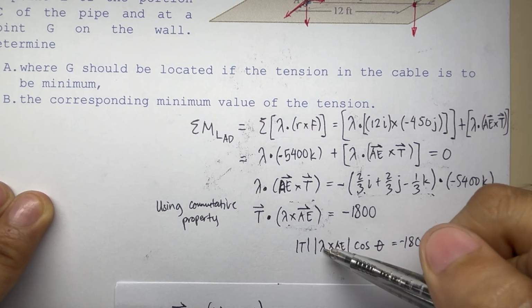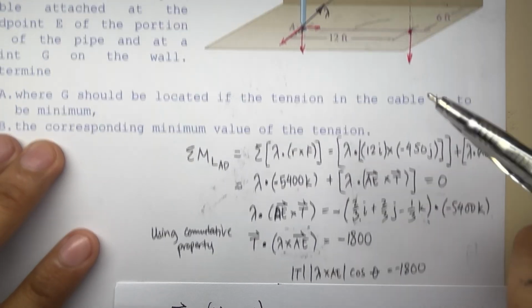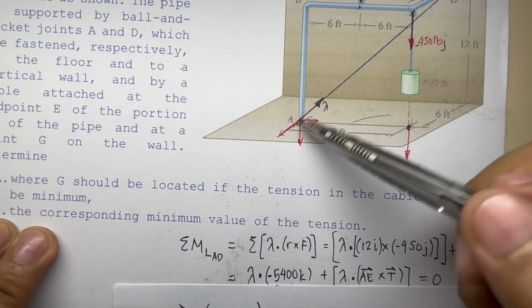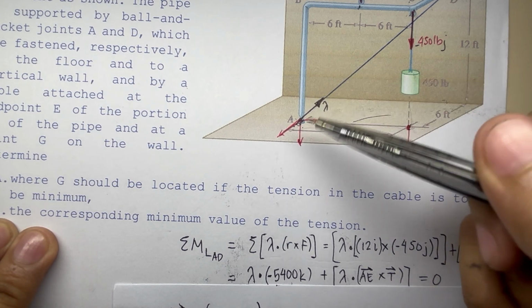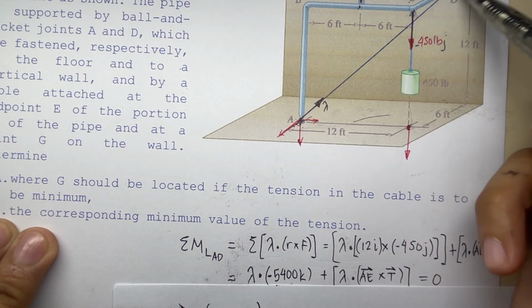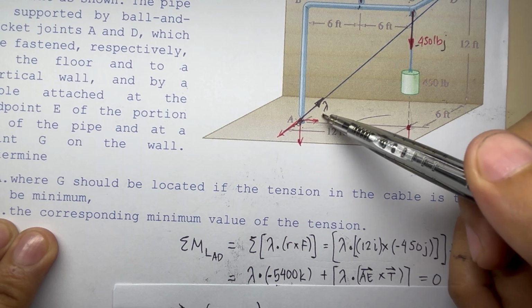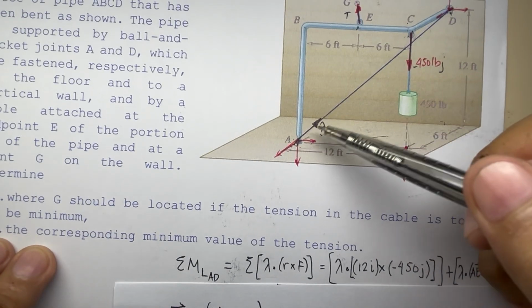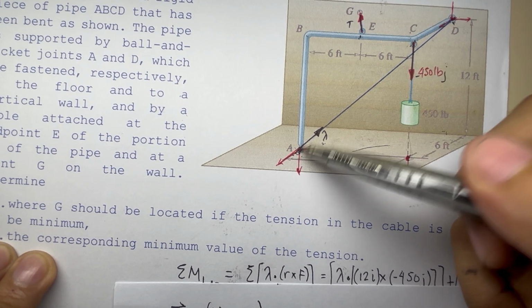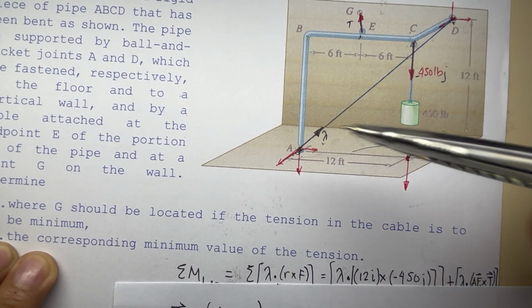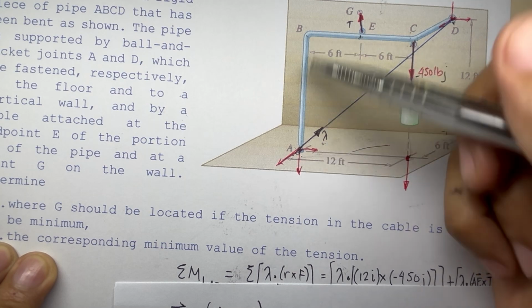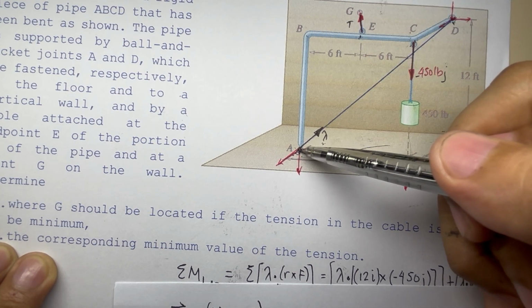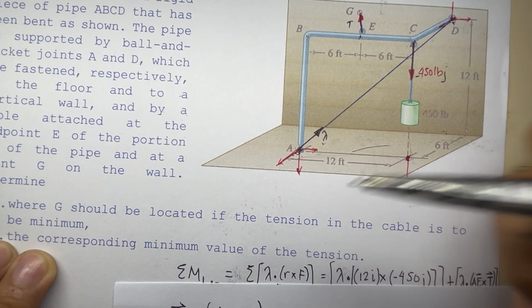Now, this lambda is just the unit vector along this line. So if we don't change point A and point D, this lambda can never change. How about AE? AE is from points A and E. Without changing the dimensions of this pipe, we can never change the value of AE.